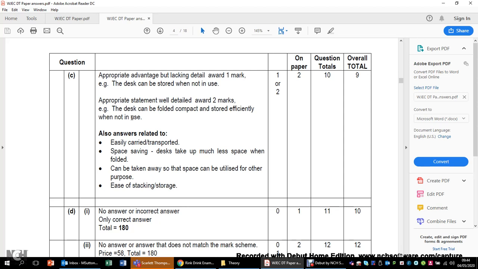It can be taken away so the space can be utilised for other purposes. And an ease of stacking and storing. Because it goes flat, you can place things on top of it. It can go underneath things. It can be slid underneath a bed. These are all examples, and this is where you're thinking about that wider use of the product.